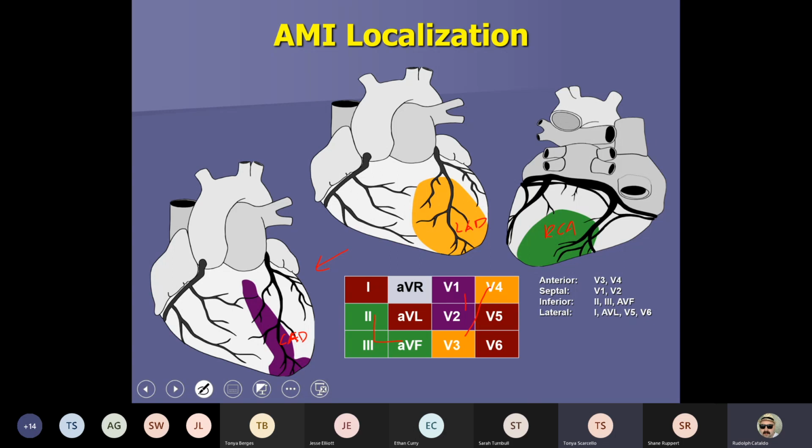Which artery branches off of the left and goes around the back, goes around the side like that? Pulmonary? Nope. Circumflex. There you go. Left circumflex, remember, because it goes in a circle, it circles around the heart, circumflex.